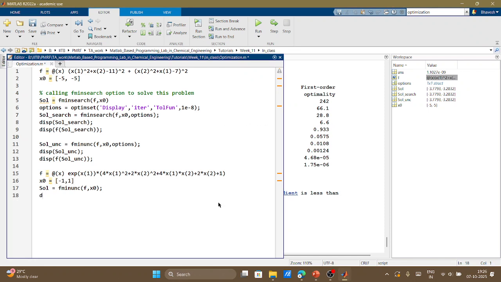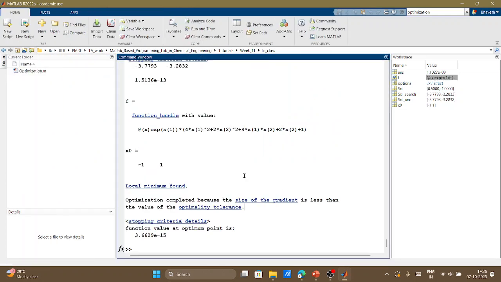And then display: function value at optimum point is, display my f solve, and let's run it.